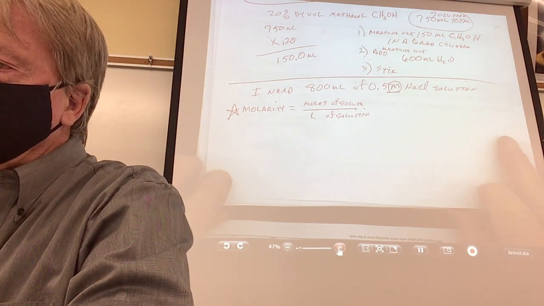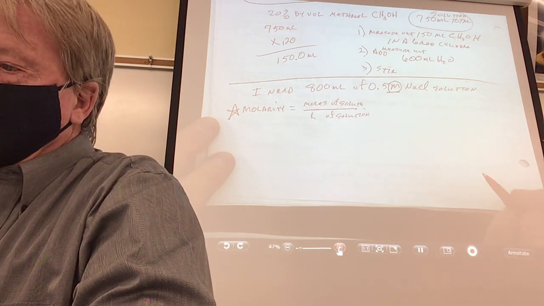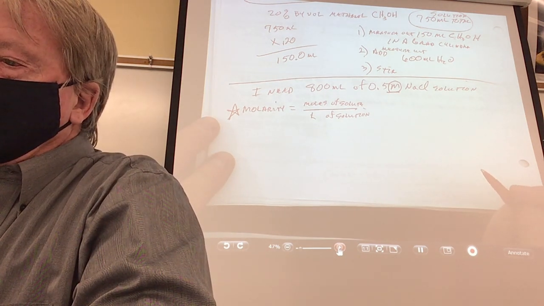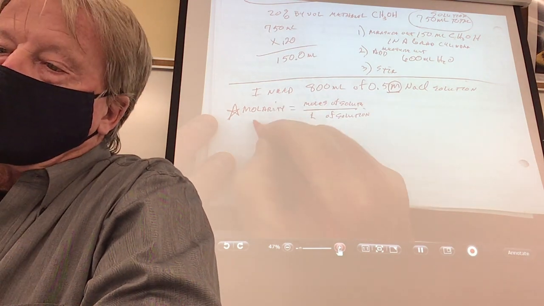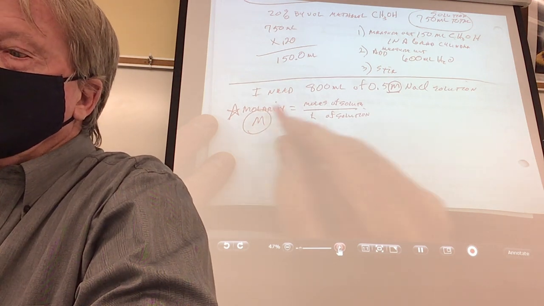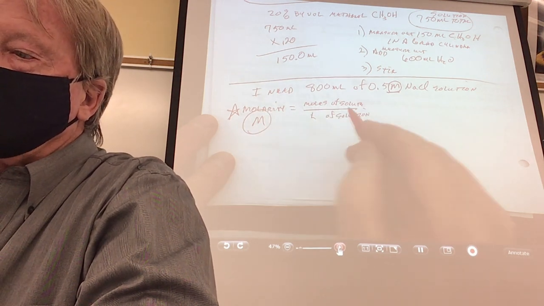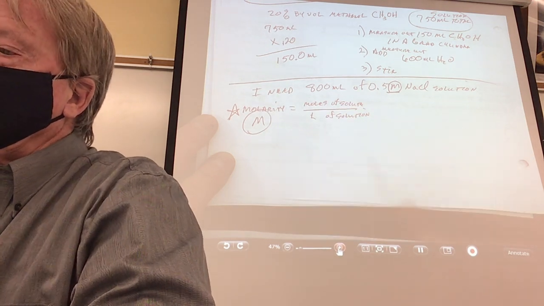Gabby, tell me how to make this thing. Let's do the math first. Can I give you a clue? That capital M is molarity, and capital M also means moles per liter. That might hint you a little bit.